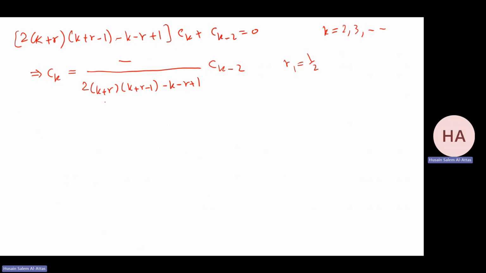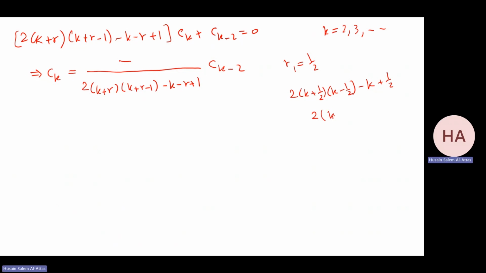Let me do it here: 2(K plus half)(K plus half minus 1), that will be K minus half, minus K minus half plus 1, so it will be plus half.